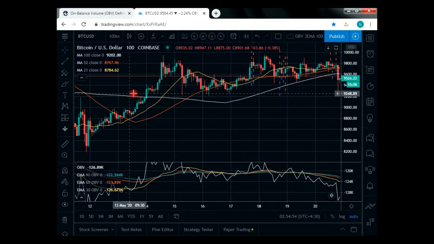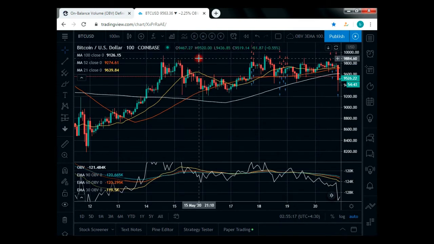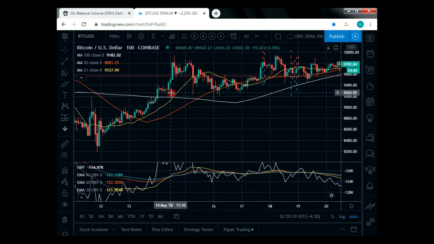Okay, that's our first signal that we had on this chart. The second signal was right after this one, where price breaks through the 100 period and finds support, then bounces, and again you might want to enter here.